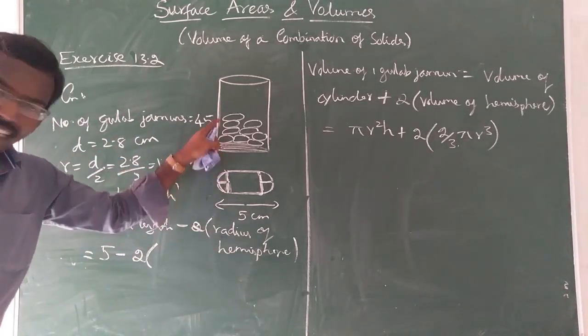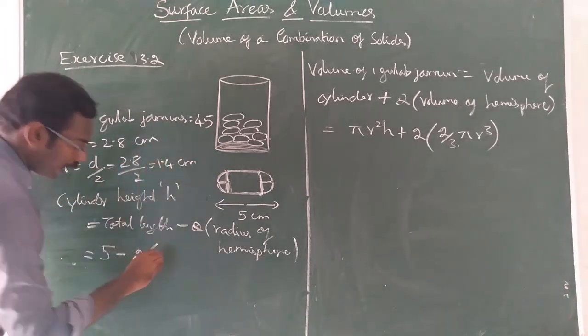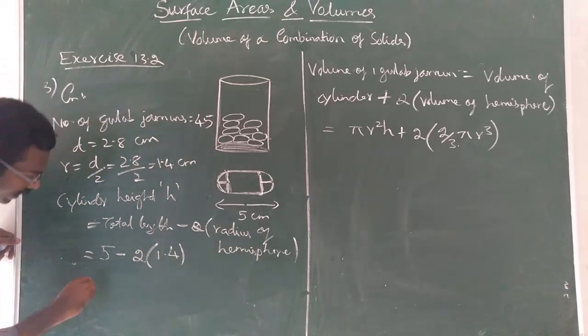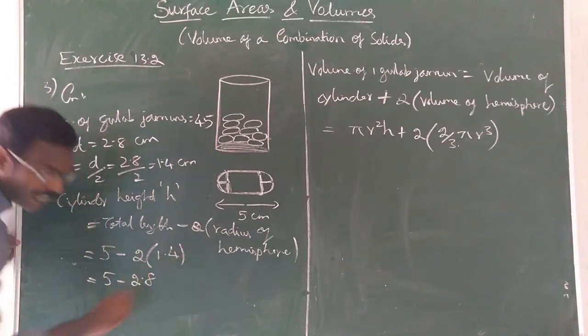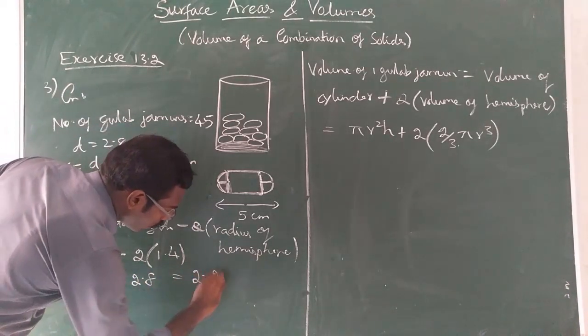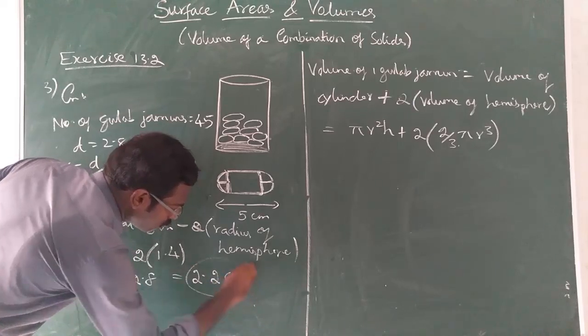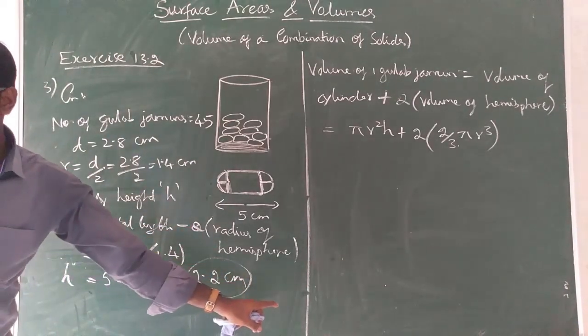The radius of hemisphere and cylinder are the same here. The radius value is 1.4. So 5 minus 2 into 1.4, that is 2.8, so 5 minus 2.8 is 2.2 centimeter. Understood? Therefore, the height of the cylinder is 2.2 centimeter.